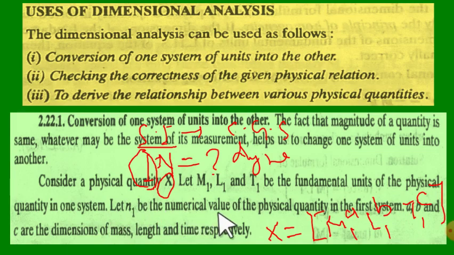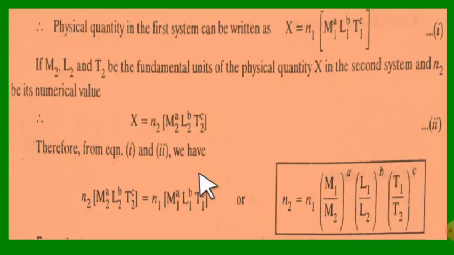So this physical quantity x has dimension a in mass, b in length, and c in time. We will try to express it like this in the other system of units also.